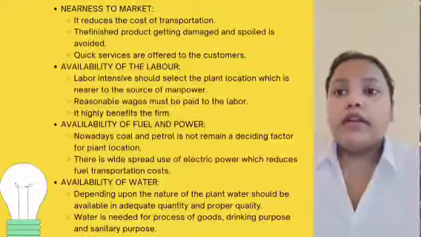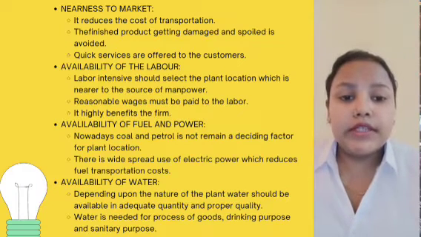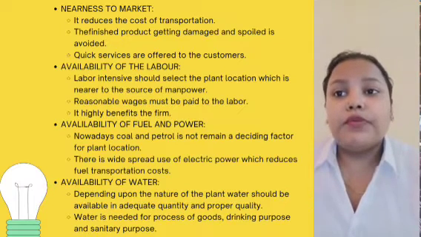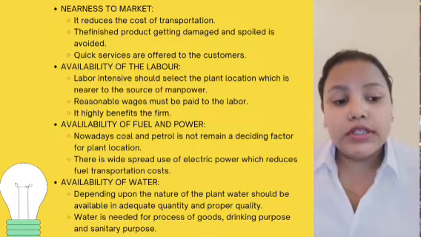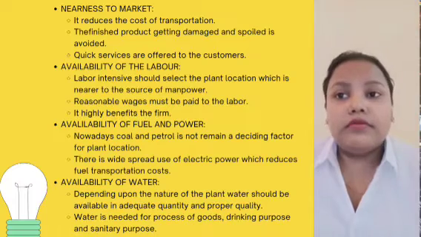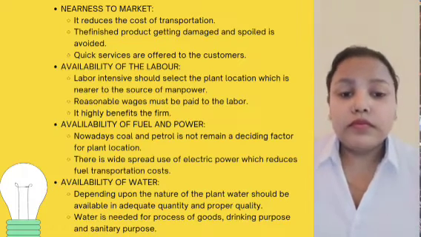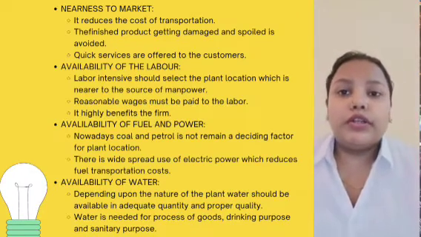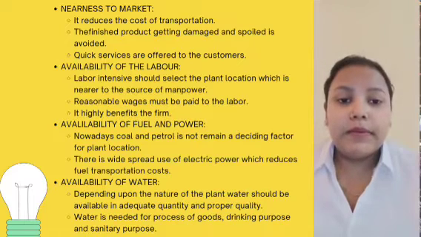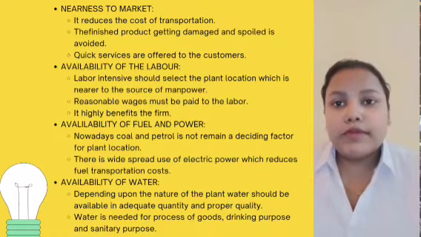Then next is nearness to the market. It reduces the cost of transportation. If the market is nearby, it reduces the transportation cost, and the finished product getting damaged and spoiled is avoided. For finished goods which are perishable, you should keep in mind that the market is nearby your location, so the goods are not spoiled.